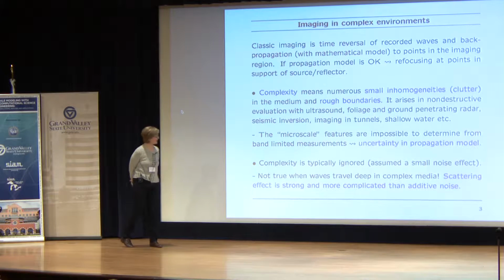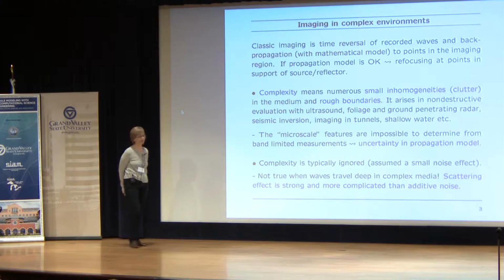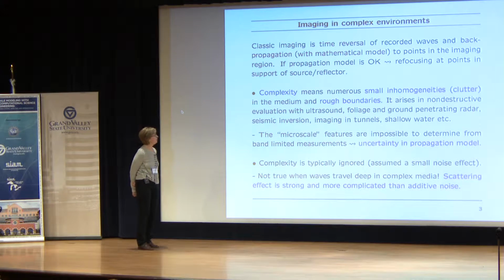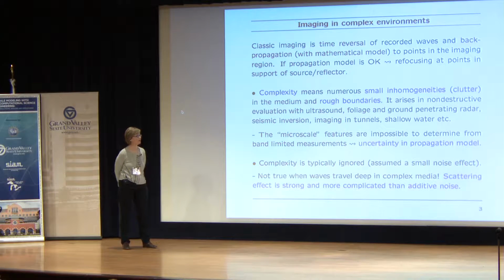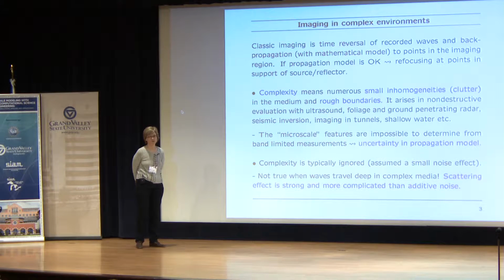Now, we are interested in what we call imaging in complex environments. So what is complexity? Complexity arises due, for example, to numerous small inhomogeneities, or what is known as clutter, in the medium through which the waves propagate. Or complexity may arise due to rough boundaries. Now, this kind of complexity arises in applications such as non-destructive evaluation of structures, for example, aging concrete with ultrasound.